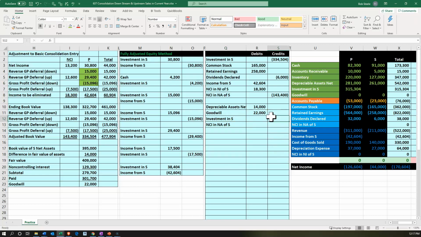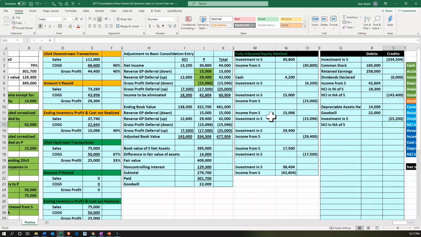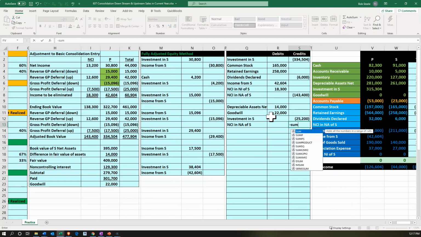All right, and then we're just going to break this out between a 70-30 split. So I'm going to do that this way: negative sum of these, close up the brackets, times, and I'm going to bring out the 70% here, and then I can do the same thing. I could just do the negative sum formula, but I'll use the percentage just to emphasize this.